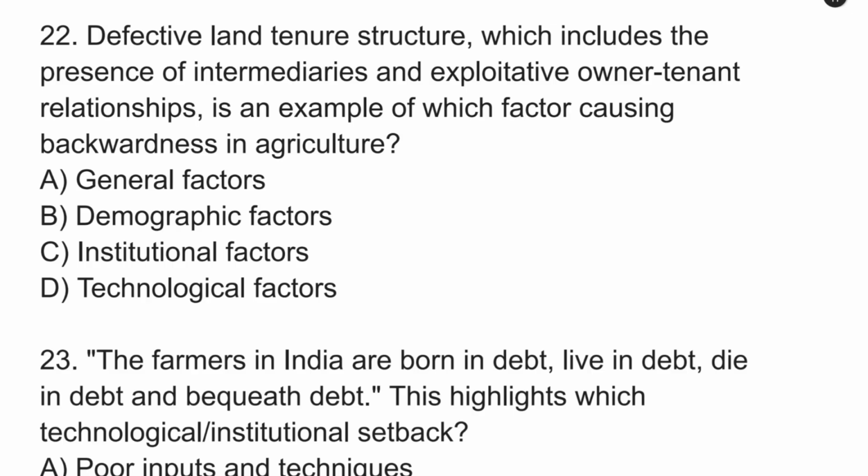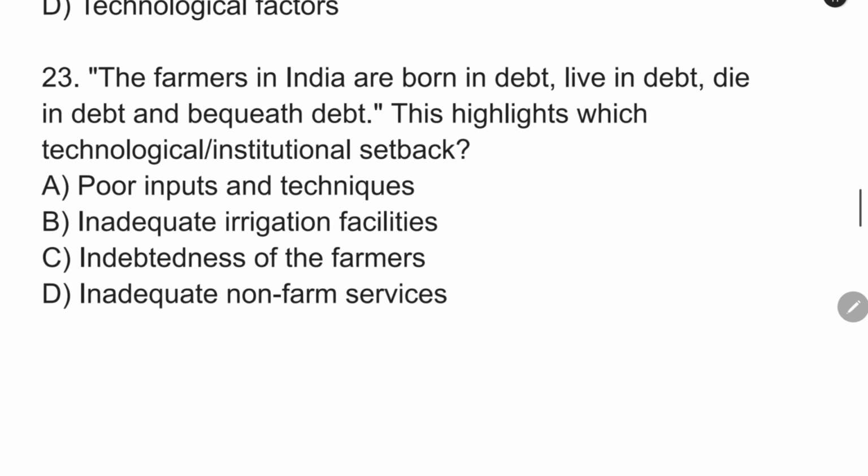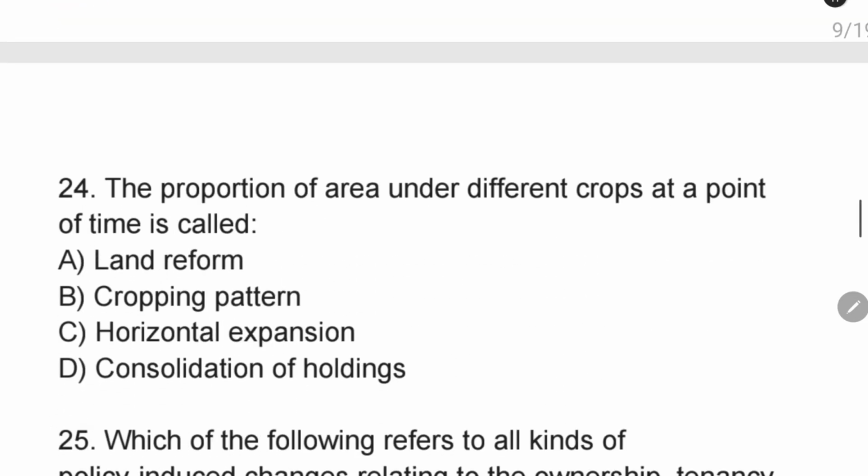Institutional factor. The farmers in India are born in debt, live in debt, and die in debt. This highlights which technical or institutional setback? Indebtedness of farmers.